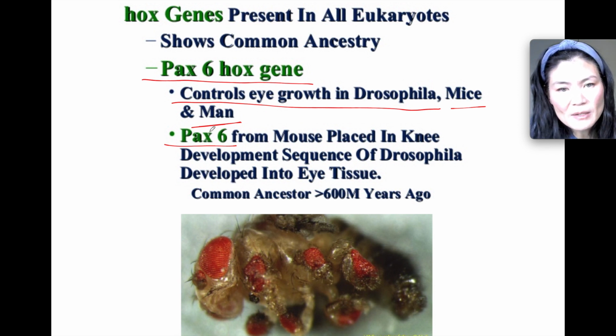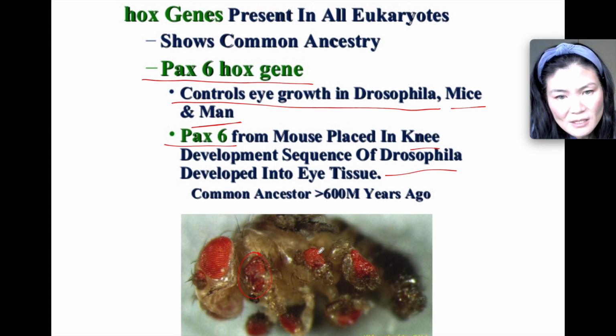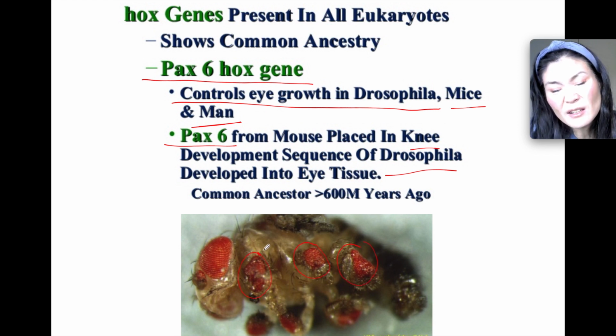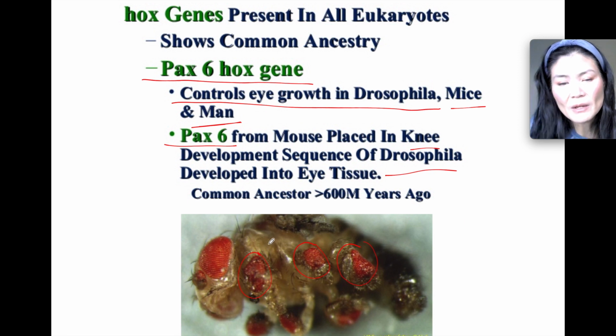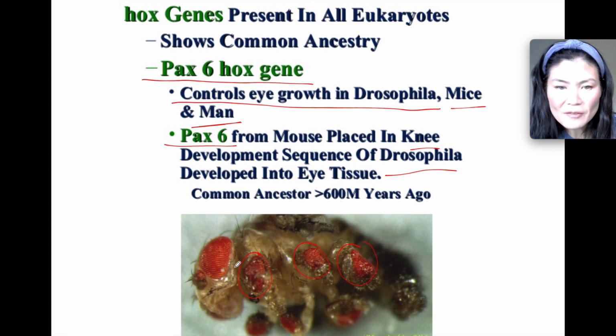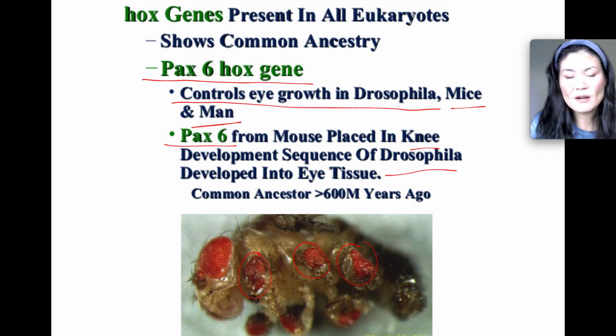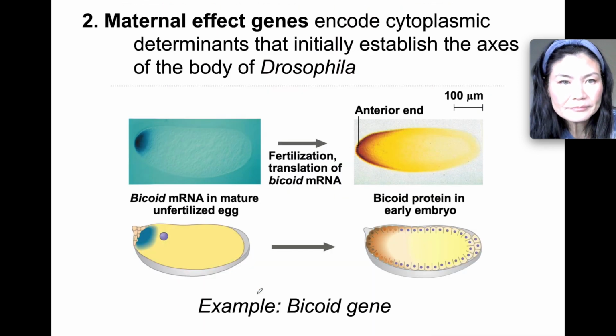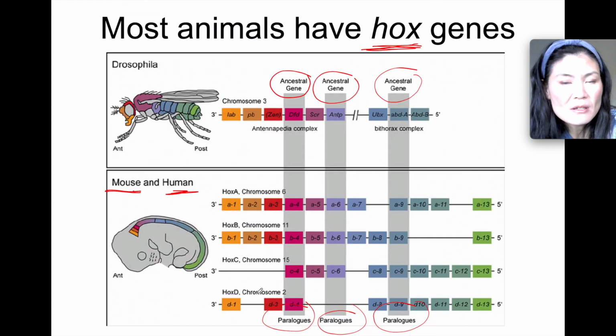So they did this experiment where they turned on the PAX gene in mice in the knees, and they found eye tissue growing in the knees. Here's a picture of Drosophila, or the fruit fly, where the knees of the legs have developed eye tissue. I mean, it doesn't mean that the fly can see or use all of these eyes. It can't. They're usually non-functional. However, the eye tissue is growing in the wrong place. So that was an example.